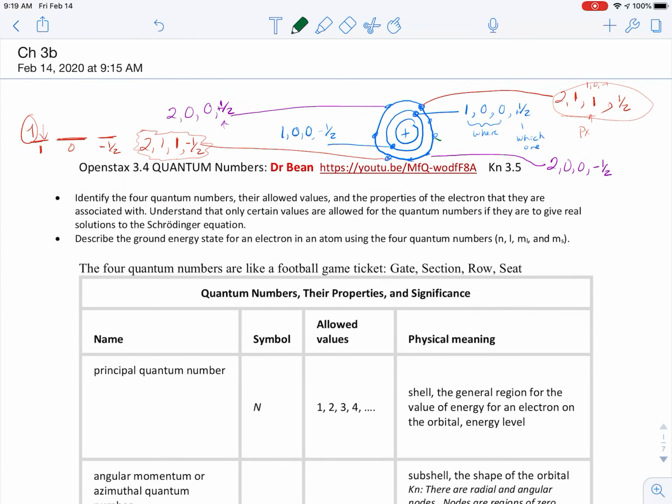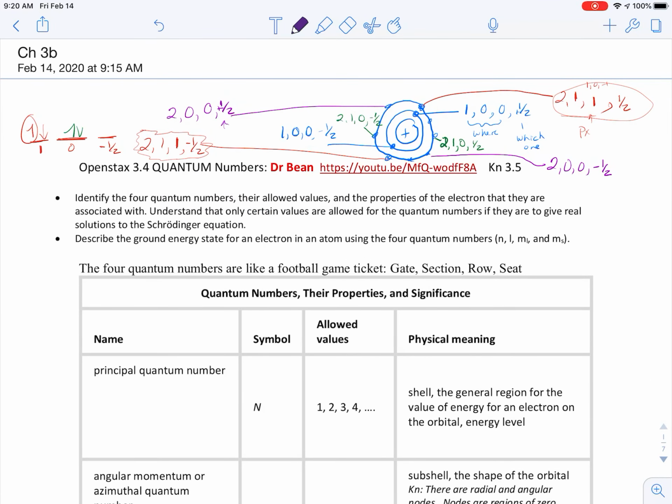So, like, I could call this one, again, second energy level, the p, and then I could make that one be like the 0 electron. And I could pick another one and have it be one of the other electrons, 2, 1, 0, minus 1/2. That would be his pair. But remember, you would fill them singly.